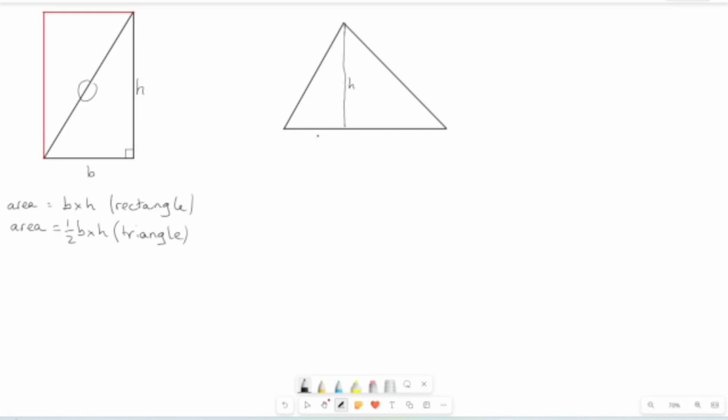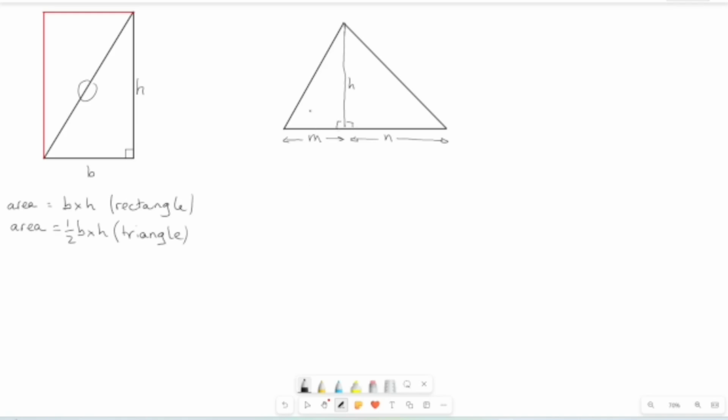Let's call the sides m and n. I don't want to use a and b because b is the base. So that's m and that's n. And these are both right angle triangles.